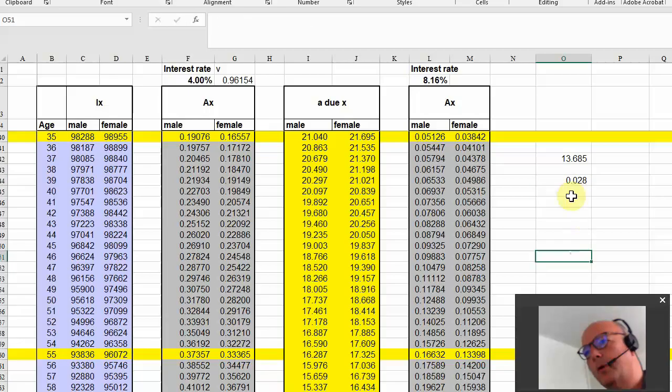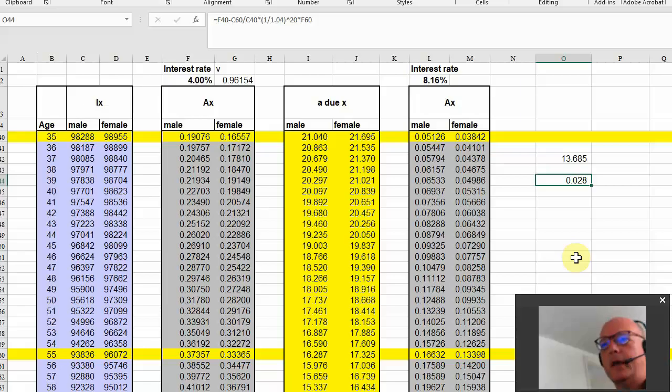Okay, 0.028, which is an approximation to your probability of dying between the age of 35 and 55, adjusted for interest rates. So if interest rates are 0, that will actually be the probability you die between the age of 35 and 55. But again, this has to be payable immediately on death, not at the end of the year of death. So that is the end of the year of death calculation at the moment.